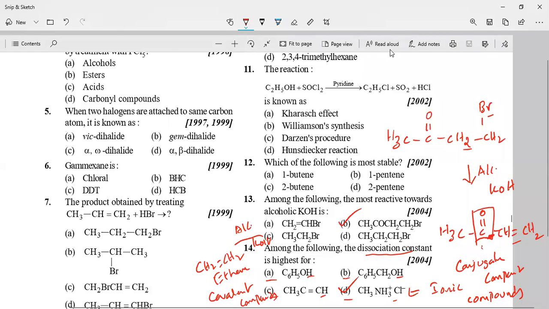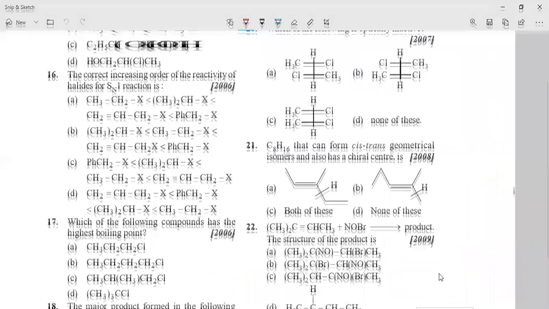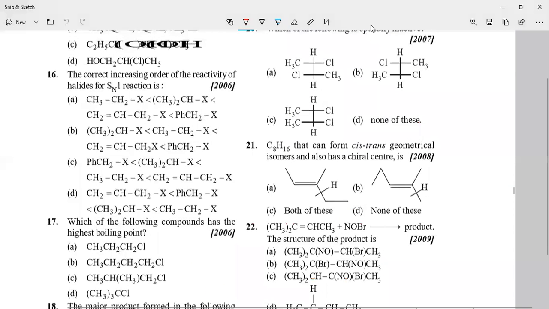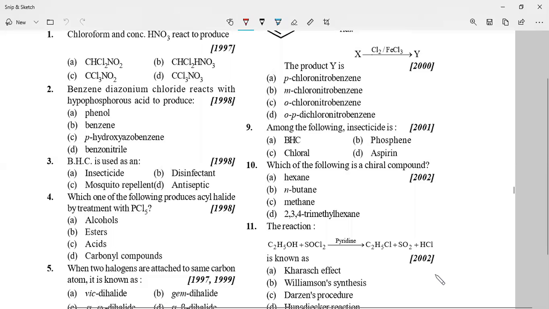Okay, next let us go for the next screen share. Next set of problems. You see this one, question number 1, 2, 3, 4, 9, 10. Take a screenshot.